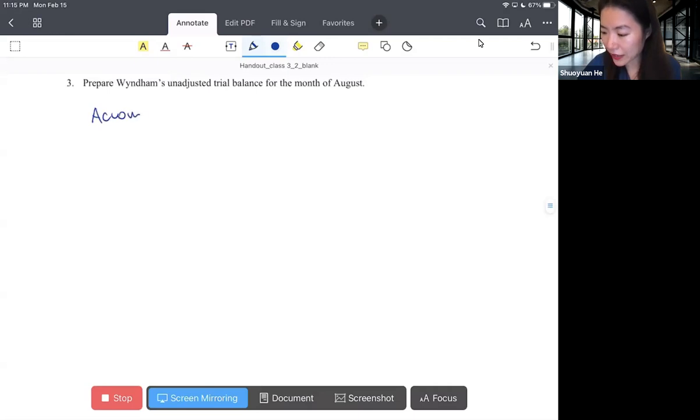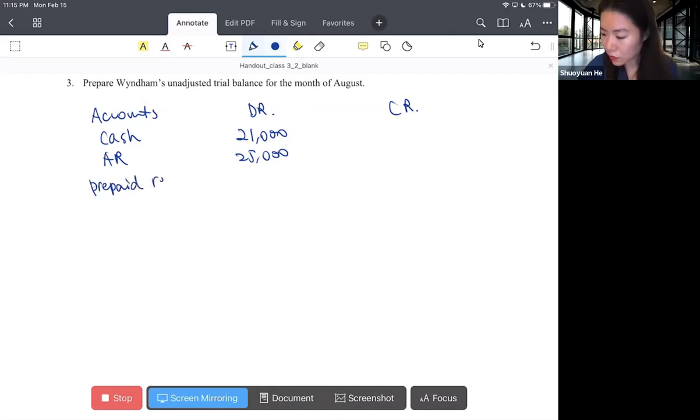So we have the accounts, and each balance is either at the debit side or credit side. For cash, the balance is debit side of 21,000. Accounts receivable 25,000. Prepaid rent 6,000.